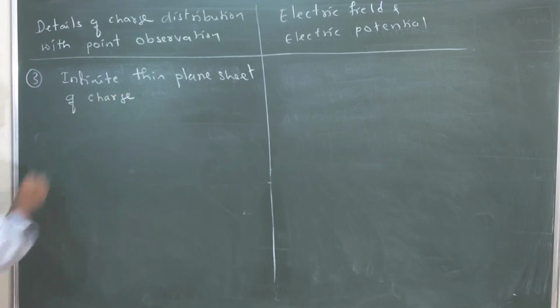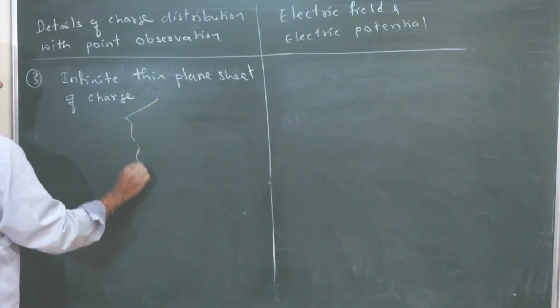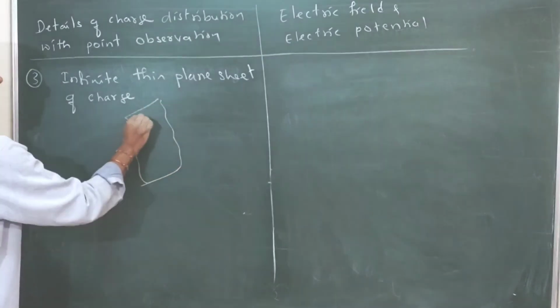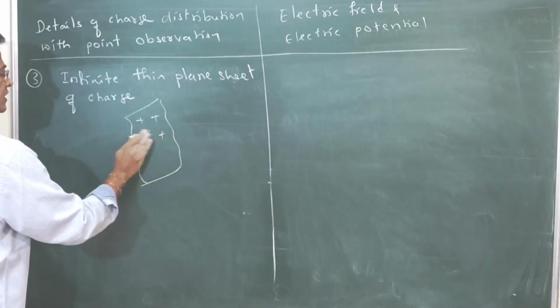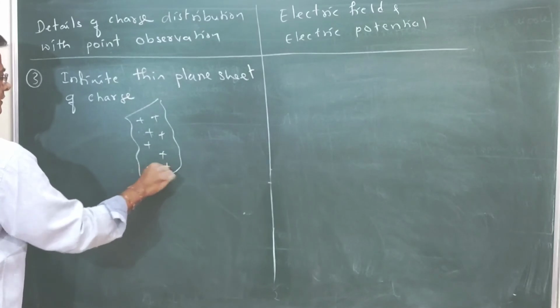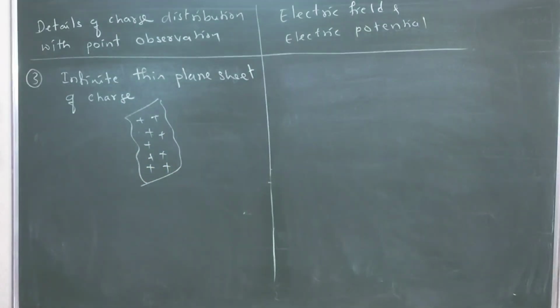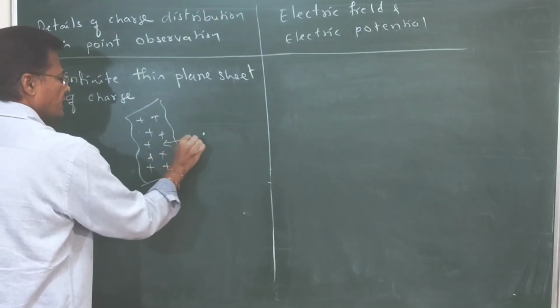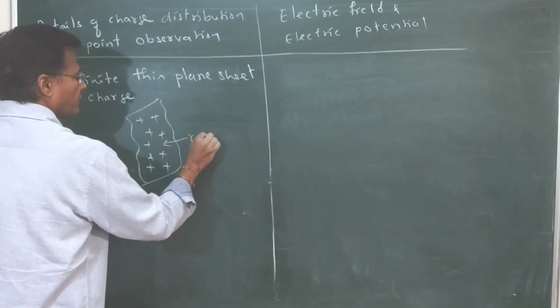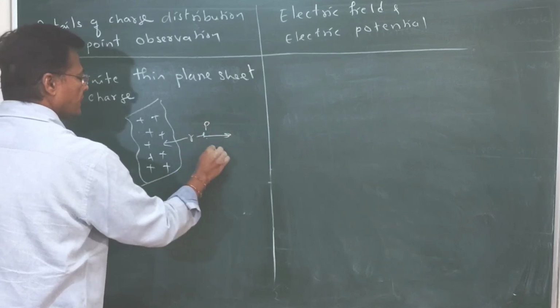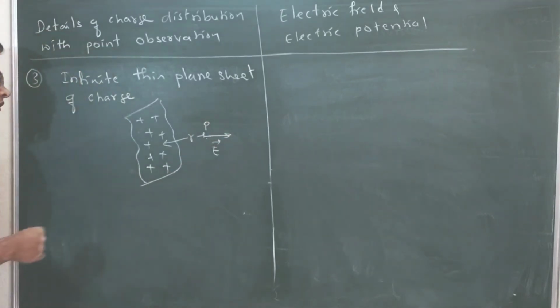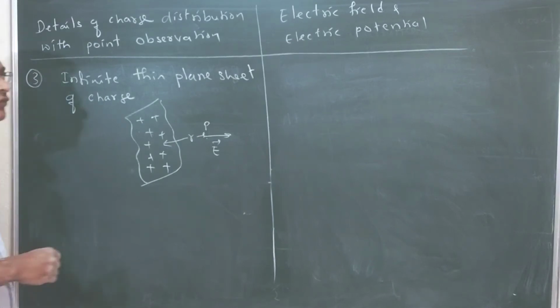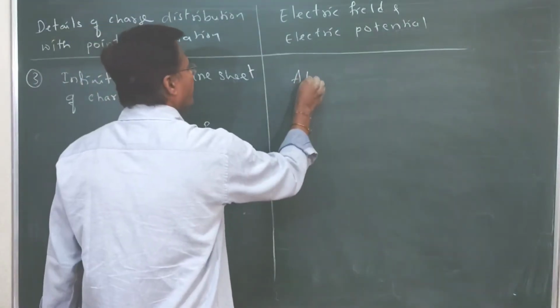I think this is the third point. We consider an infinite thin plane sheet of charge. If at some distance r we take a point P, what will be the value of the electric field and electric potential at any position we take?